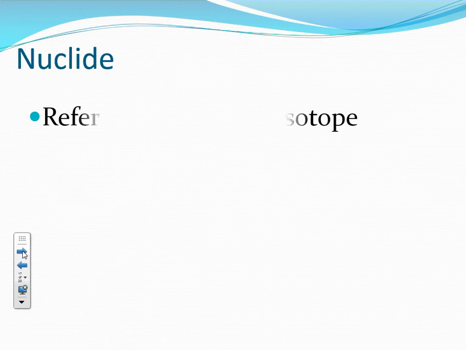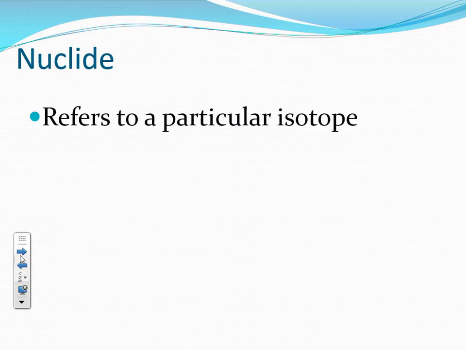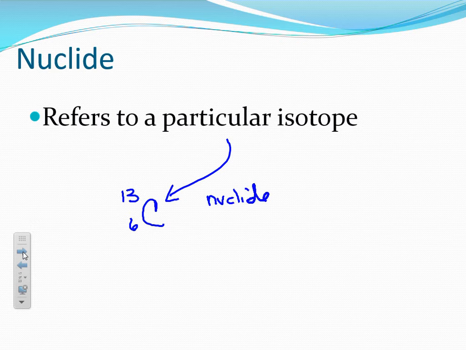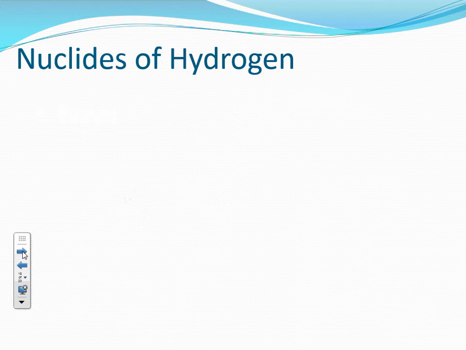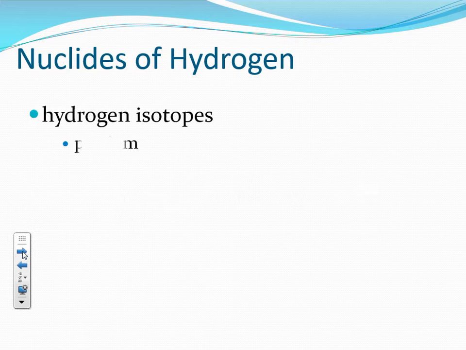A nuclide. A nuclide just refers to a particular isotope. So, for example, if I used carbon-13, let's write it properly, atomic number 6, mass number 13, this is a nuclide of carbon. It's a vocabulary word. Nuclides of hydrogen.